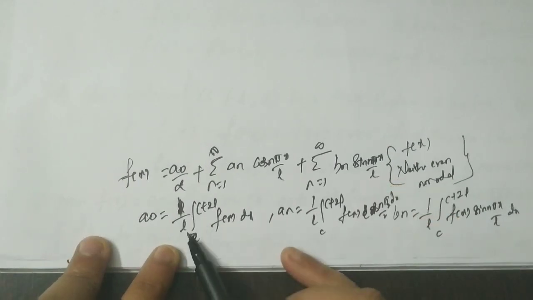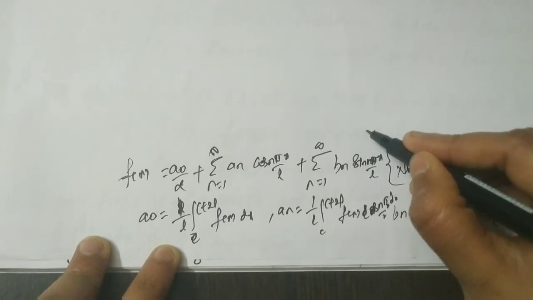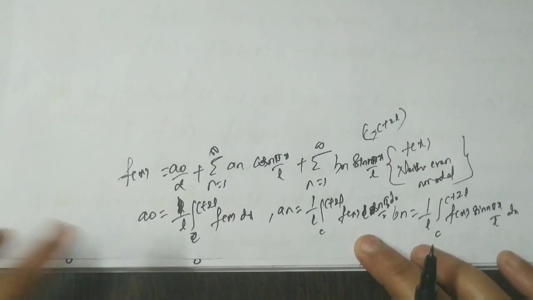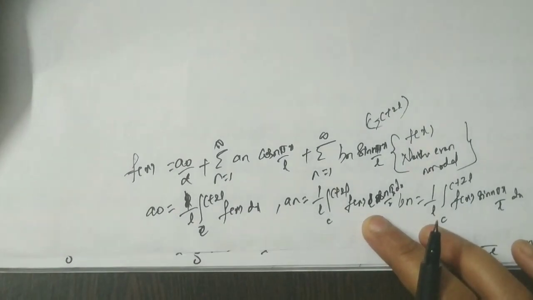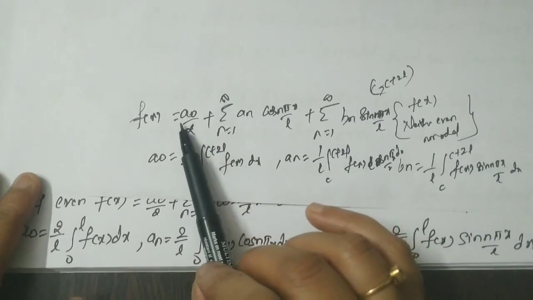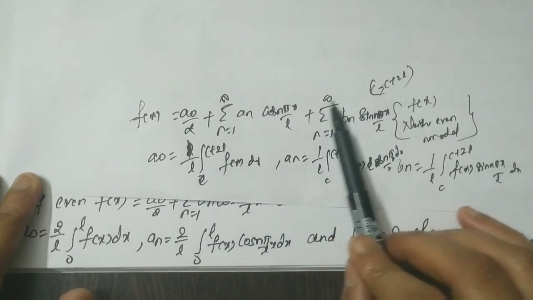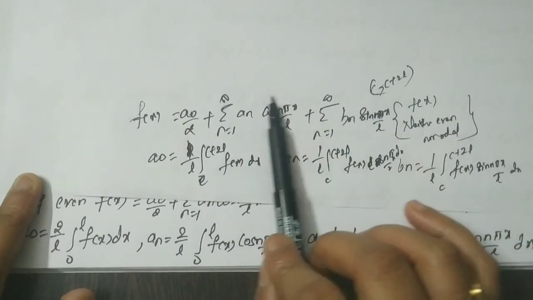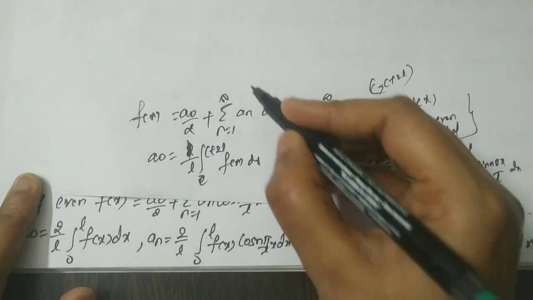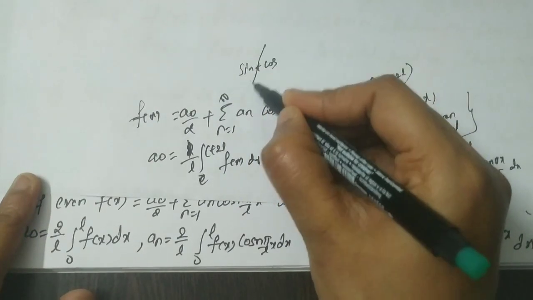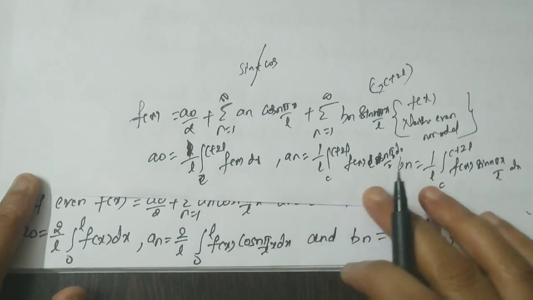In that case, your formula was 1 by L and you had the complete interval because this was defined for C to C plus 2L, right? But when you're able to distinguish the function as even or odd, if it is even, we don't want the bn term because it's a sine function. If it is odd, we don't want a0 and an. That means a combination of sine plus cosine has been cut, right?